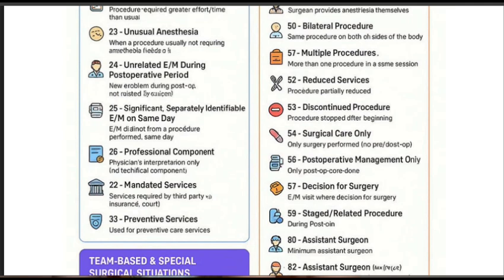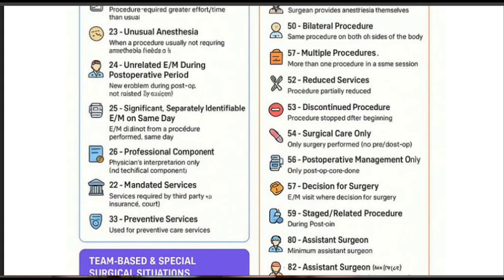Next is 58, staged or related procedure. Staged or related procedure means a procedure was discontinued, or planned for the next visit, so we have to give the modifier for the staged or related procedure, meaning in the previous session the procedure might be discontinued or planned for the next session.